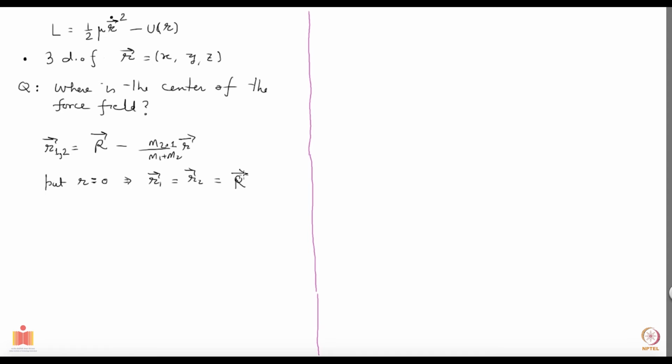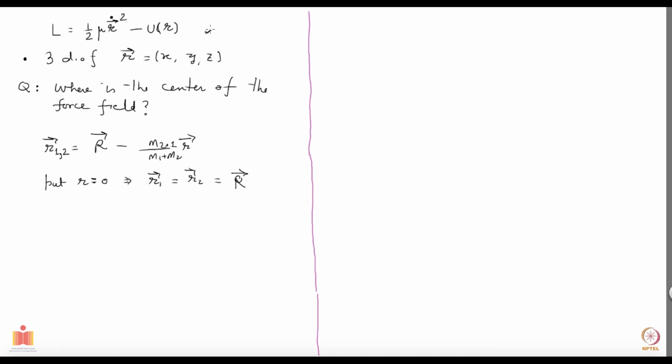Maybe I should make this point that often I would be switching back and forth between the interpretation of the two body system as a one body system, which is given here as the Lagrangian right now, but sometimes I'll be making statements which pertain to a picture where really those two bodies are present.